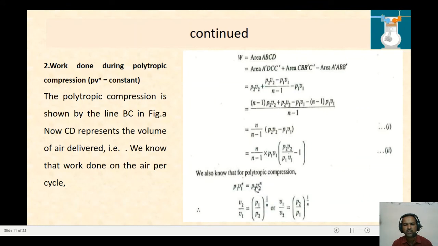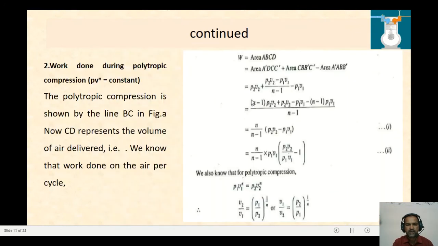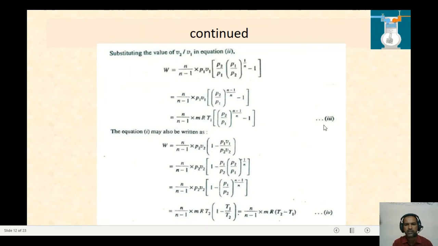So here consider V2 by V1. When we separate V2 by V1, we will get P1 by P2 raised to 1 by n, and similarly V1 by V2 gives P2 by P1 raised to 1 minus n. So when we put V2 by V1 into equation 2, we will get this, right? Putting V2 by V1 or V1 by V2, we get equation 3 and equation 4.